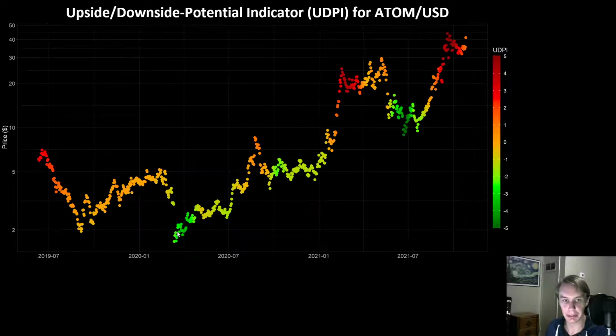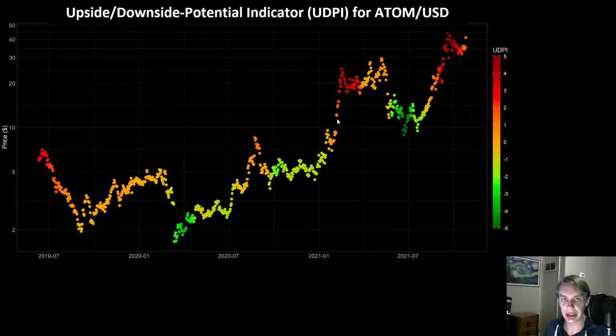If one had followed this model and had bought in at these low risk zones and sold off at these high risk zones, one would have done quite well. One would have really maximized their return on investment for Atom during those periods.